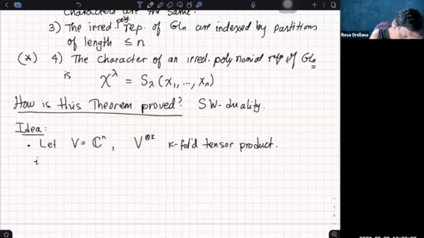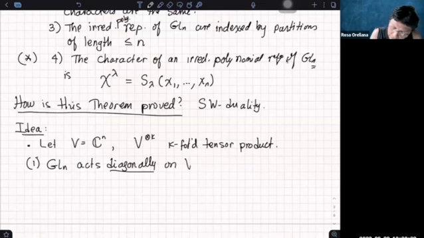So there is an action of GLN. So you have two actions. GLN acts diagonally on V tensor K. So what does this mean?